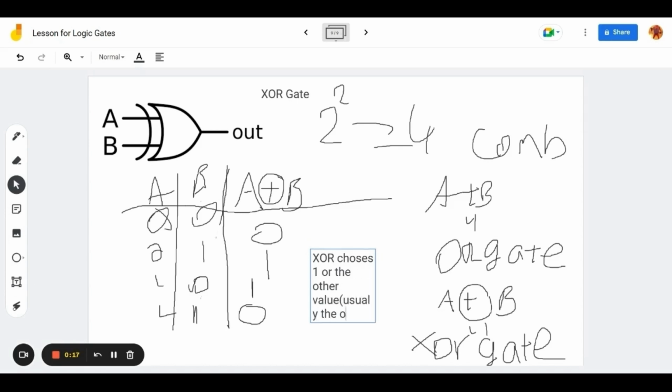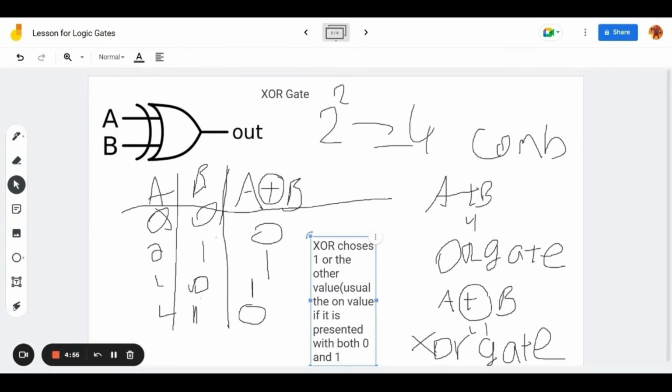Usually the on value, if it is presented with both 0 and 1.